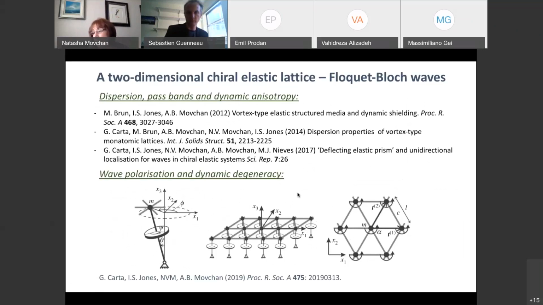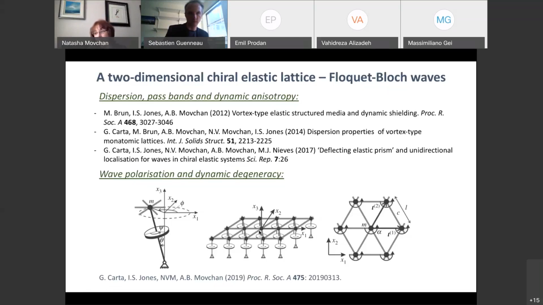What we are going to do here is take again the triangular lattice, like the one we had before, but now we put it on the level of gyroscopic spinners. So we have the same type of monoclinic lattice as before. All masses are the same.